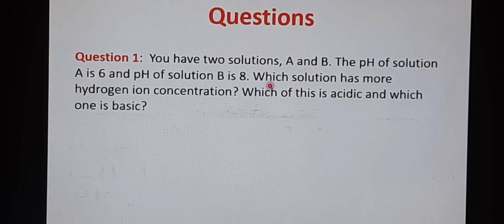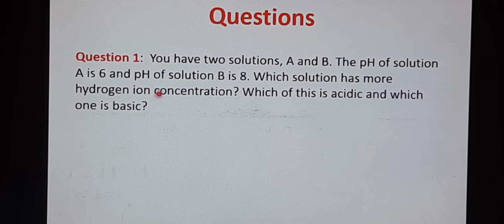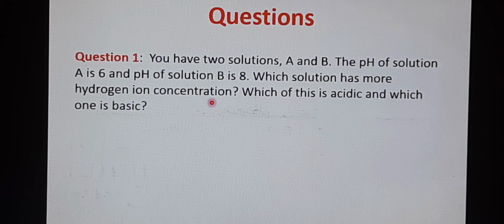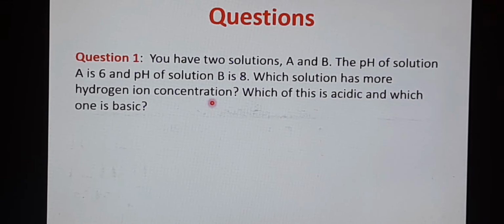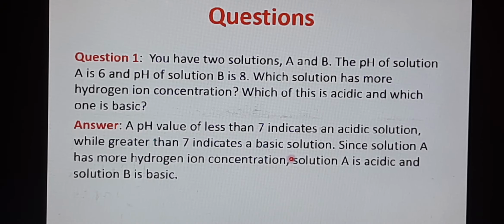Now they have asked which solution has more hydrogen ion concentration, H positive ion concentration. This we also discussed at the start of this topic: in acids, hydrogen ion concentration is more. You can make a note of this answer, because these and the remaining questions I have selected from your textbook.